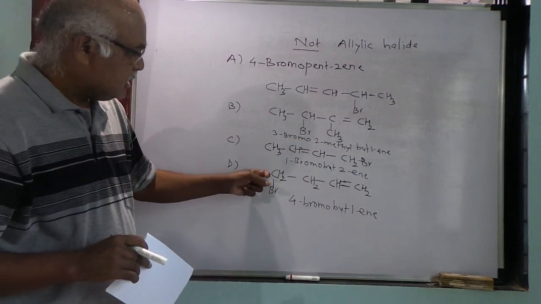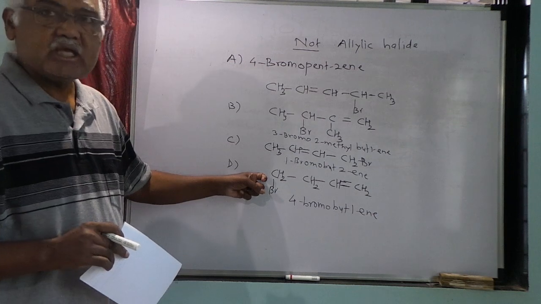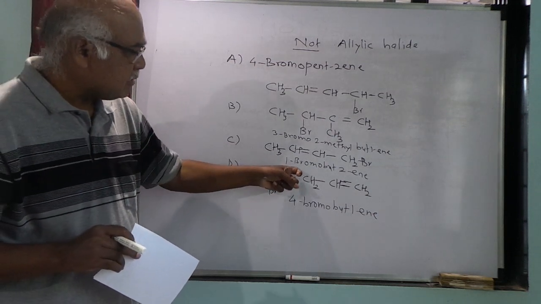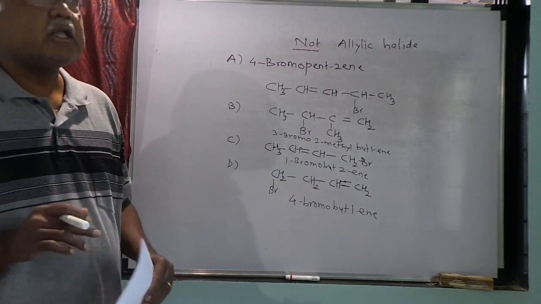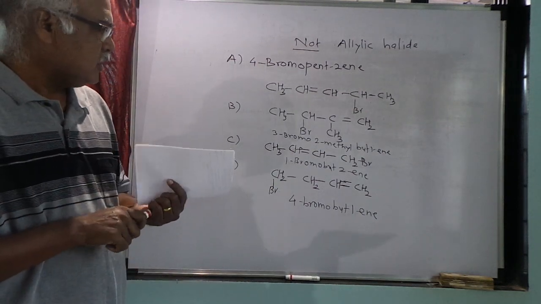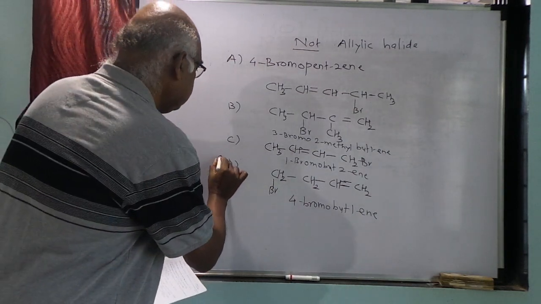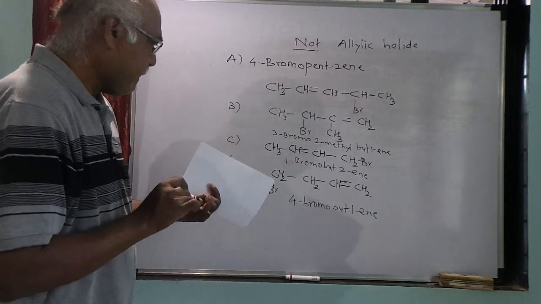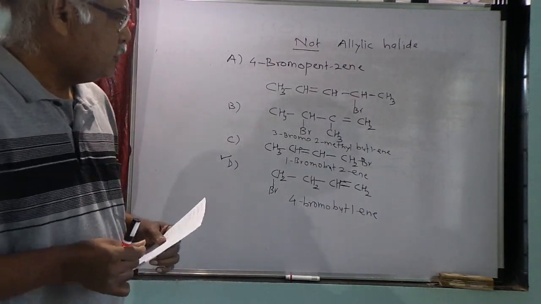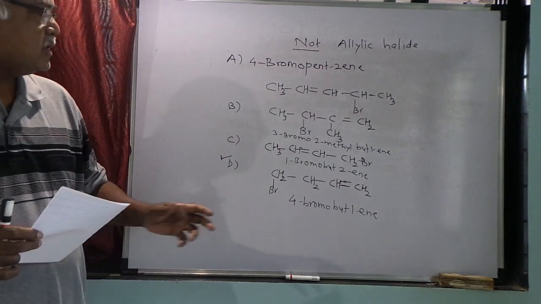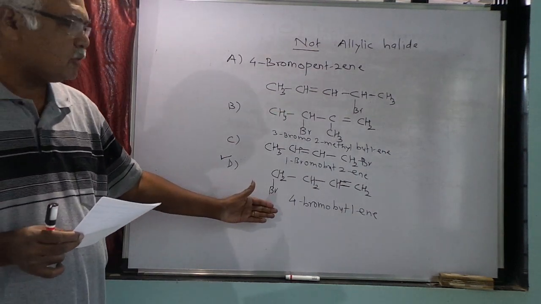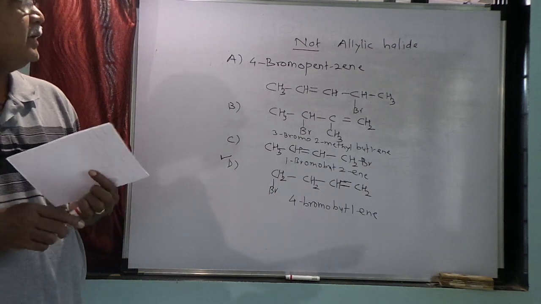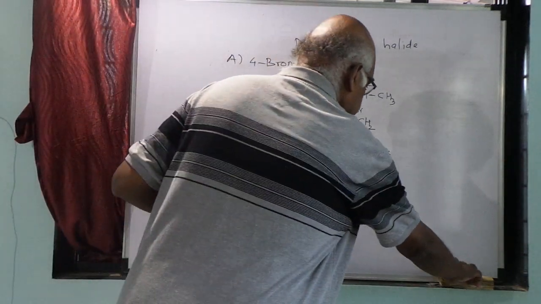Now when this carbon has halogen atom which is sp3 hybridized, the next carbon should be sp2, but this is again sp3, so this is not an allylic halide. So our correct option is D, that is 4-bromo-but-1-ene. So this is the correct option. The remaining are all allylic halides. The fourth option is not an allylic halide, so this will be the correct option.